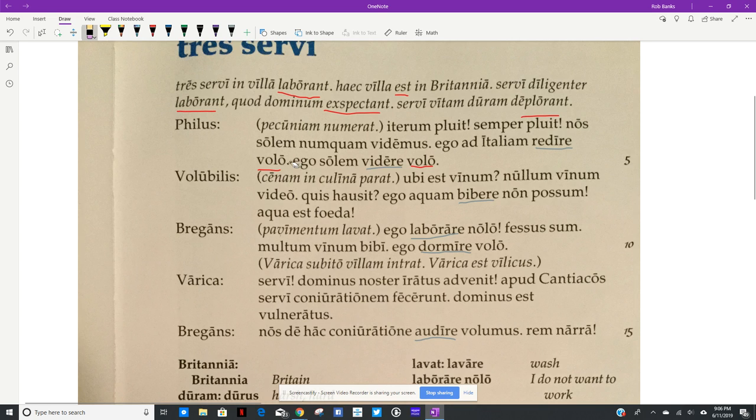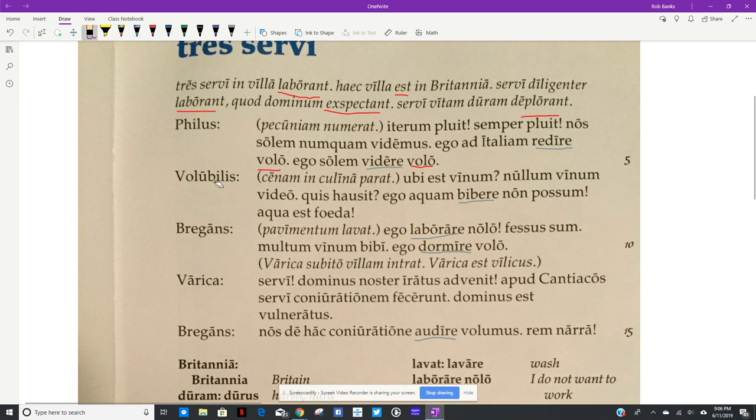Right. See how that works? I want what? To return. The infinitive is to plus the verb. I want to return ad Italiam, to Italy. Right. So I to Italy to return want. I want to return to Italy. I volo, want again. Now I want videre, to see. To see what? The sun. So on. Videre, of course, is second conjugation. Long -ere is second conjugation.